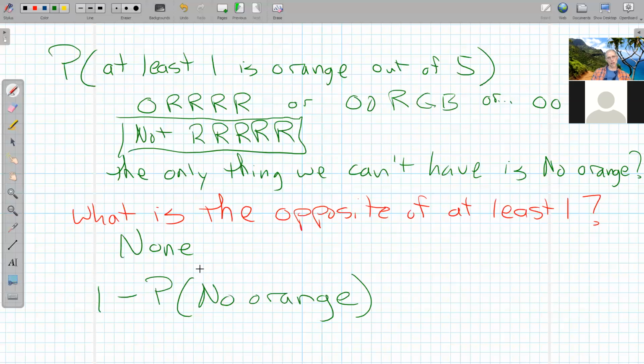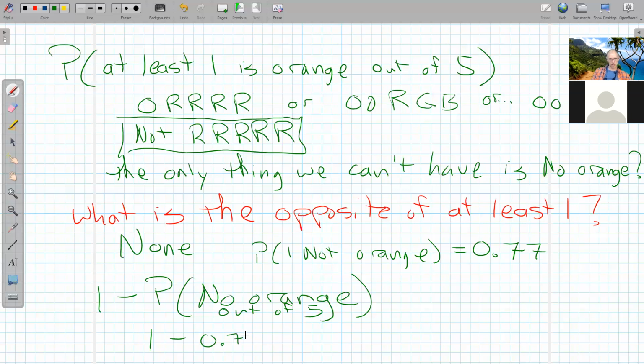Yeah, so the probability of having one of them not be orange is 77%, because the probability of having a single orange is 23%. And this is no oranges out of 5. So that should be 1 minus 0.77 to the 5th power.